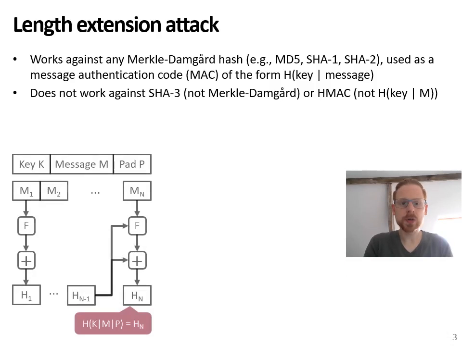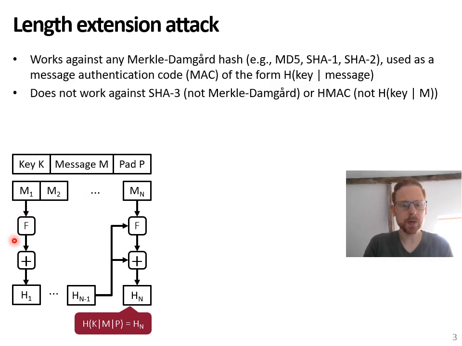Let's take a closer look at how this attack works. Let's assume we have a message M that is concatenated with a secret key K and some padding P to create an integer multiple of the block size. This concatenated message is split into blocks M1 to Mn, which are then hashed using the typical SHA structure.